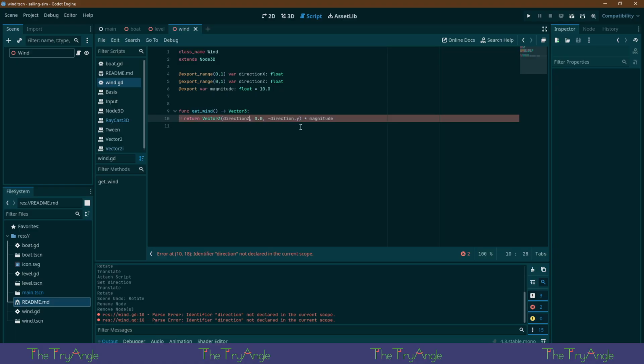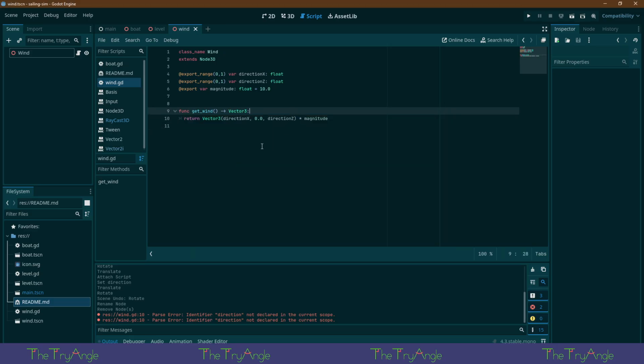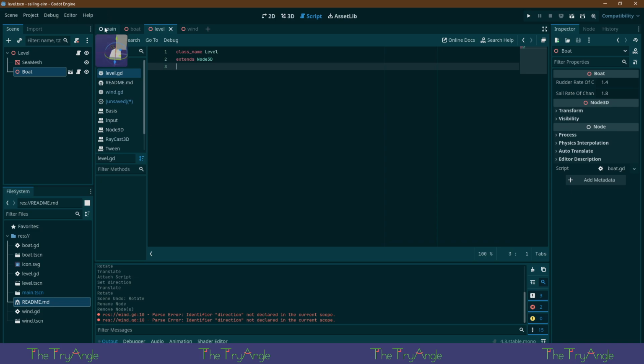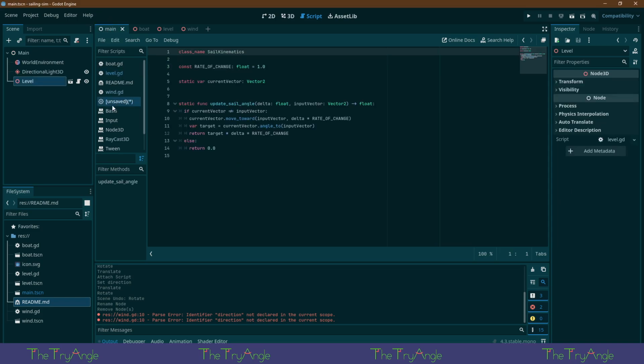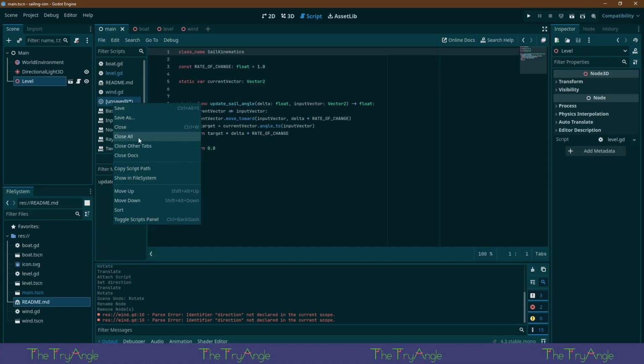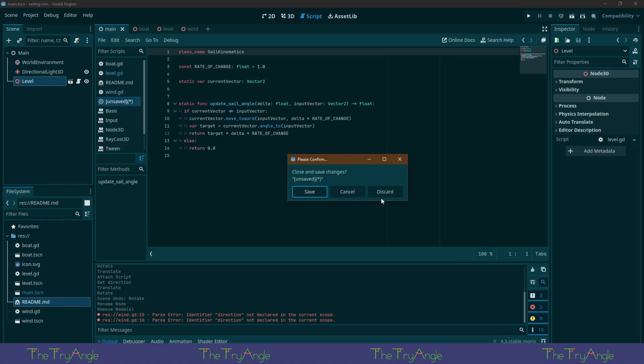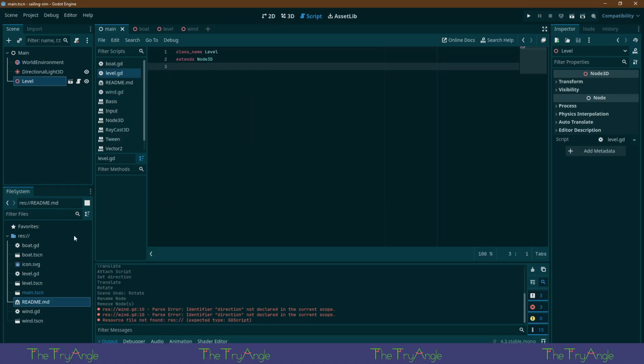So direction X. No, that's not an X. I've been betrayed by my own hands. Direction Z. Cool. So we're gonna get wind. Don't look at that. That was a mistake.